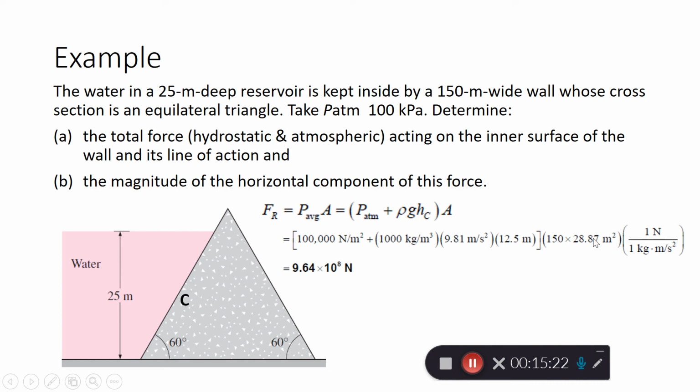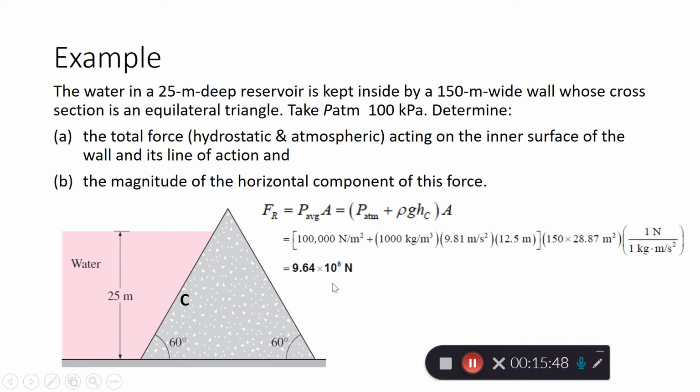Where this is coming from is here. We don't take it until the top, but only until where the water surface is, so from here to here. To calculate that, we use 25 divided by sine 60. I think you can work that out. And you get the resultant force.